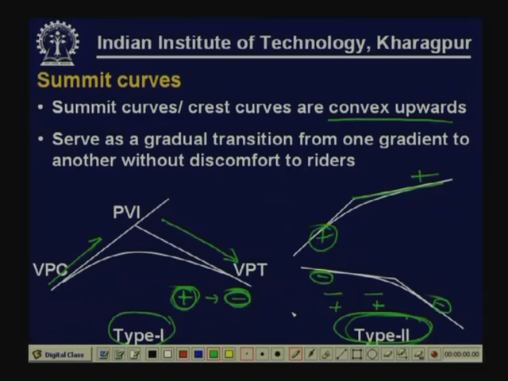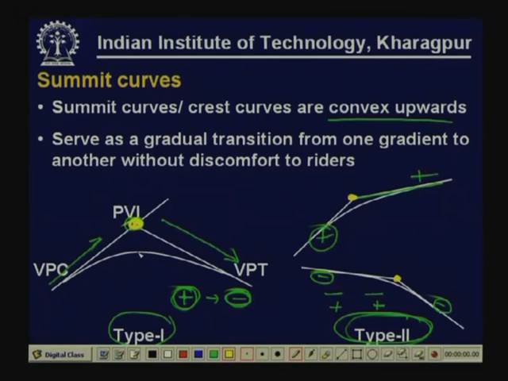Another interesting and easy way to identify a summit curve: if we consider these two grades, then this is the point of vertical intersection. Here this is the point of vertical intersection, and in this case this is the point of vertical intersection. Now, if the road surface is below the point of vertical intersection, PVI, then it is a summit curve.